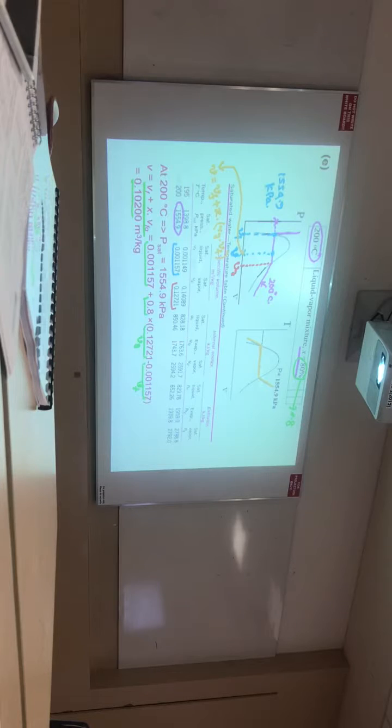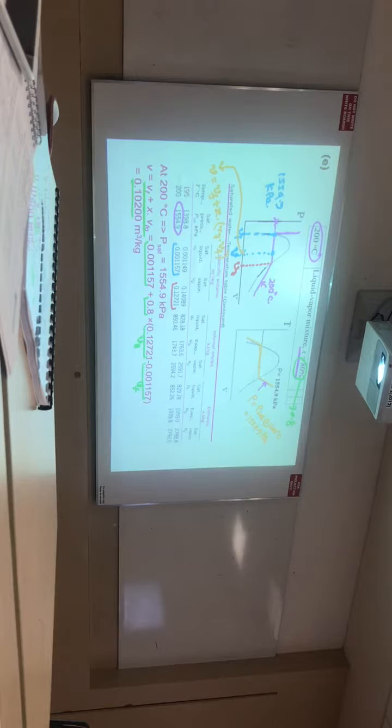The constant pressure line is, how do you get this pressure? You can get this pressure P, which is equivalent to P saturation with respect to the given temperature 200 degrees Celsius, which is 1554.9 kilopascal.